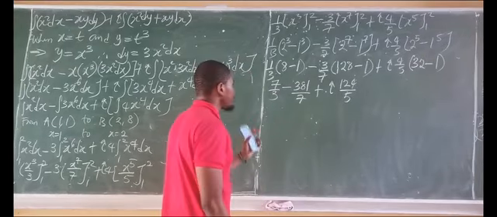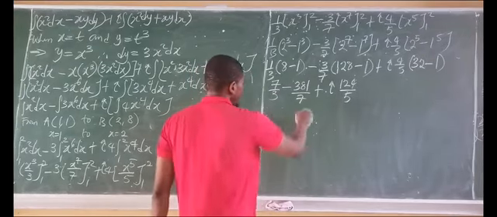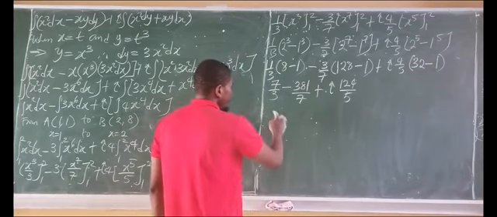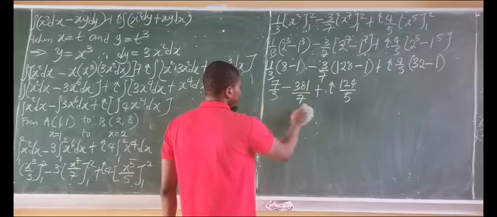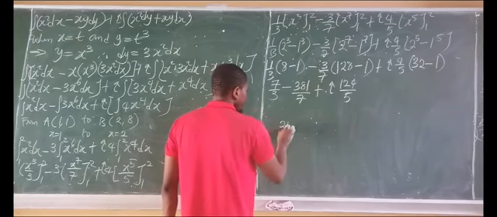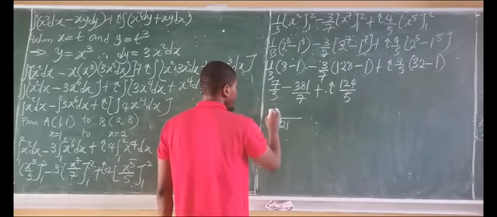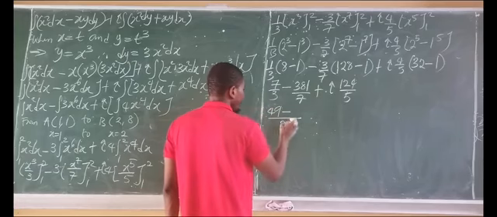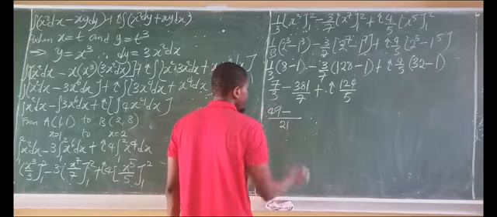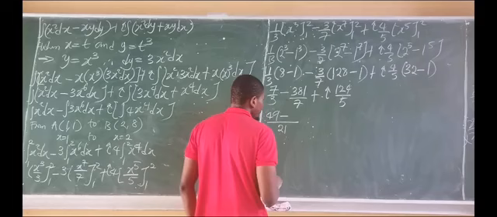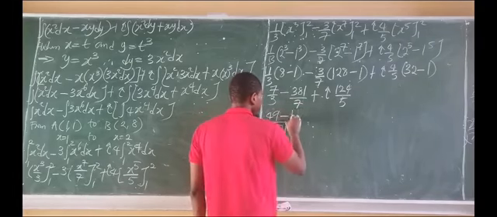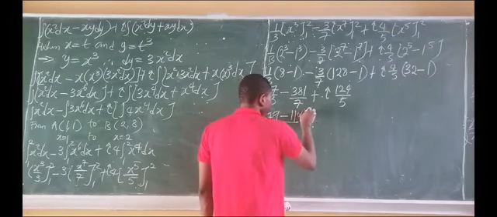So we consider the LCM between these two. Let's just take the LCM and put them in a fraction. Now the LCM between 3 and 7 is simply 21. So we have 21. 21 divided by 3 is 7. 7 times 7 gives us 49. Minus 21 divided by 7 is 3. 3 times 381 gives us 1143.